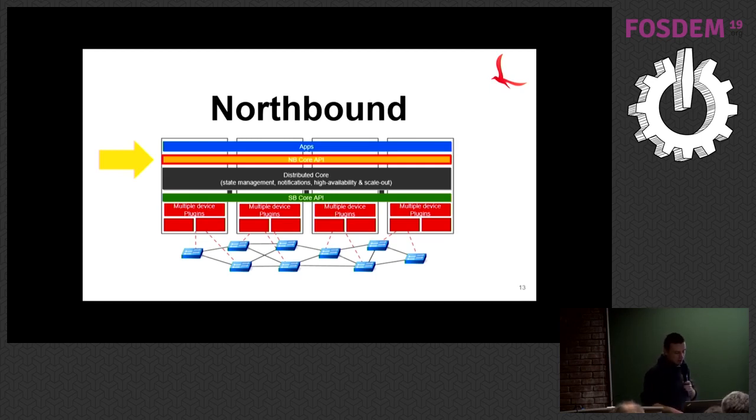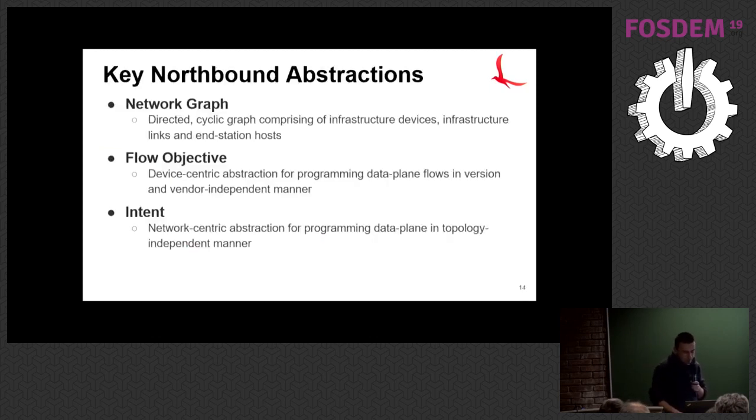It's a consensus protocol. The next very important thing in the architecture is the northbound interface, because this is where the actual network services and network applications are written on top. It provides key abstractions. Probably I won't go very much into the details, but the main point for network operators and network architects is that they can write applications explaining what the network service should do, as opposed to how.